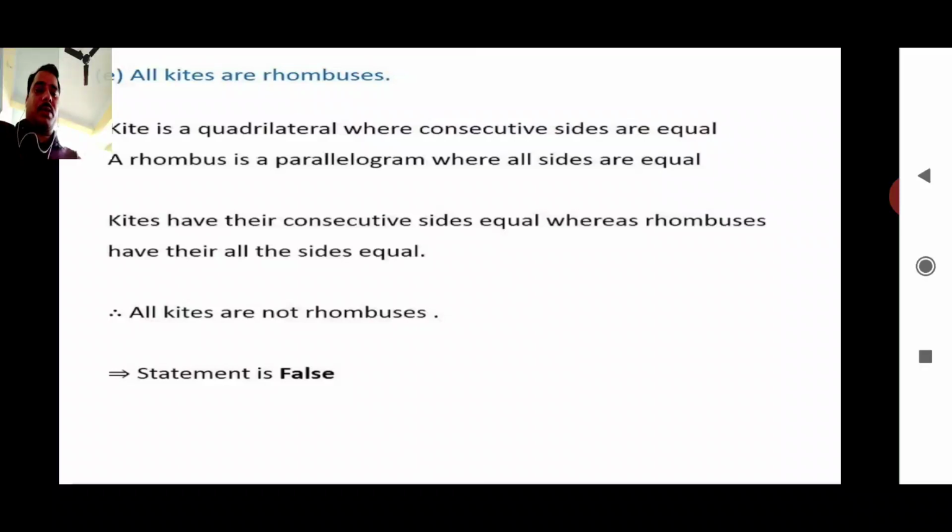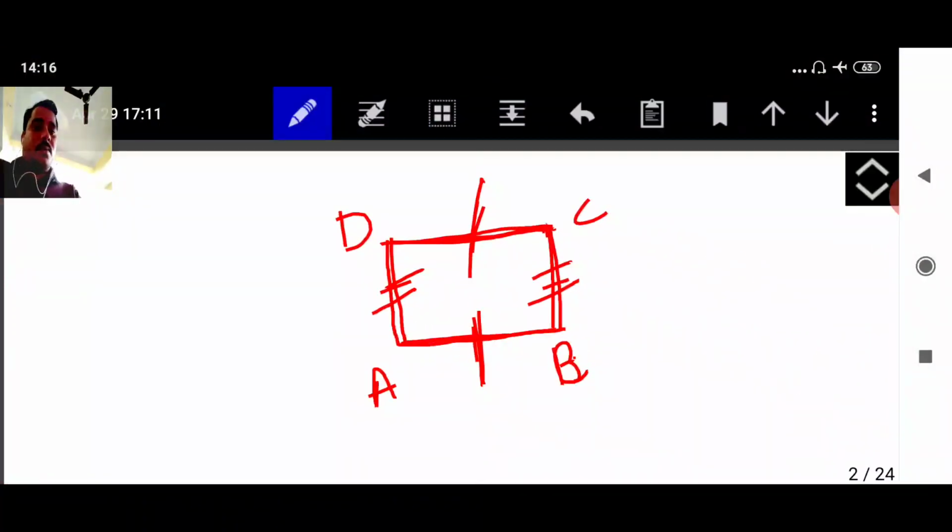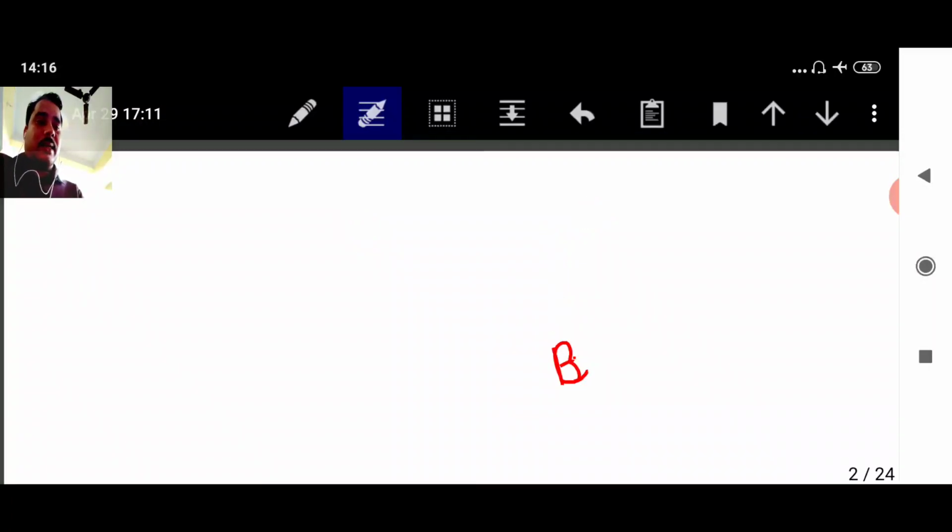All kites are rhombus. A kite is a quadrilateral where consecutive sides are equal. A rhombus is a parallelogram where all sides are equal. Notice here that in a kite consecutive sides are equal, but in a rhombus we need all sides equal.